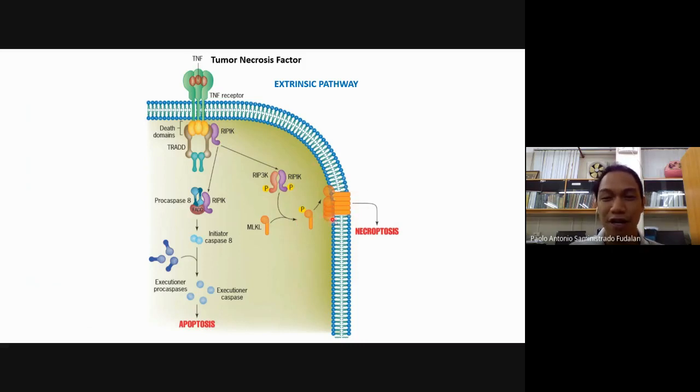So there is a pore, a rupture. Because there is already a pore, this will cause the cytoplasm of this cell to leak out.